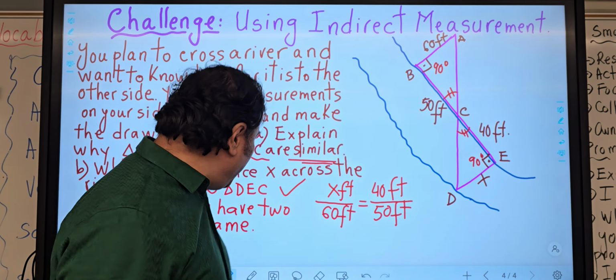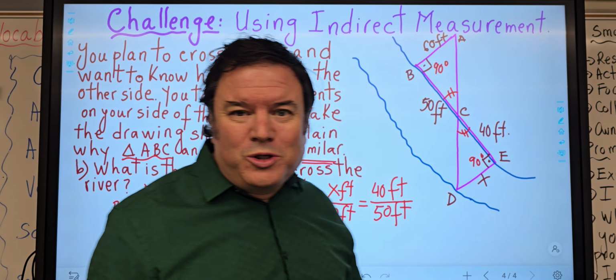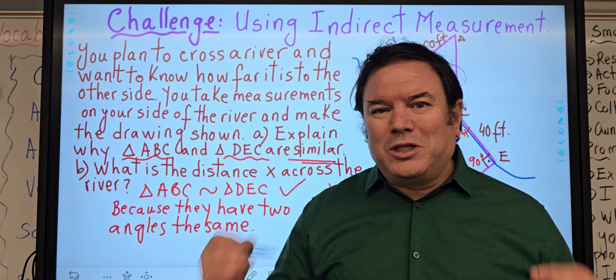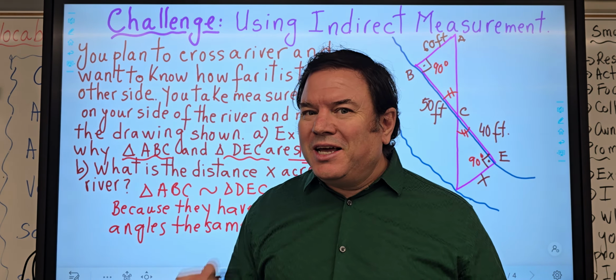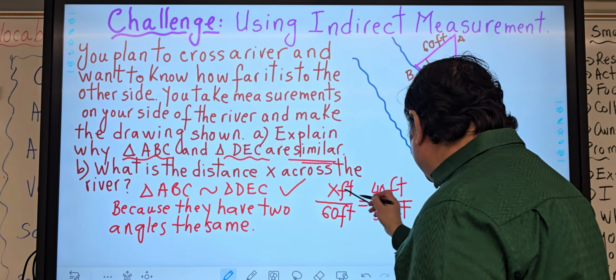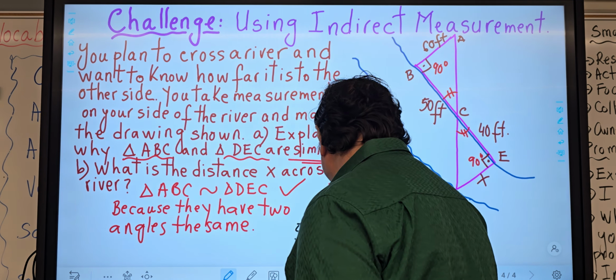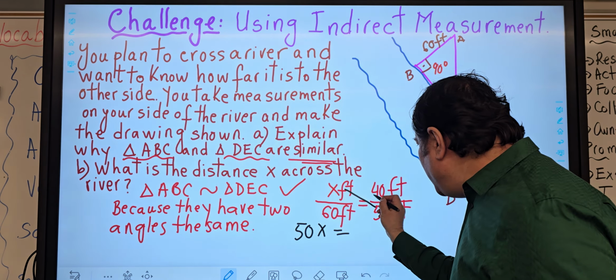Now we can solve for x. And to solve for x, we are going to use the cross multiplication method we've learned in the previous year. We can multiply across like a butterfly. X times 50 becomes 50x. 50x equals 40 times 60.